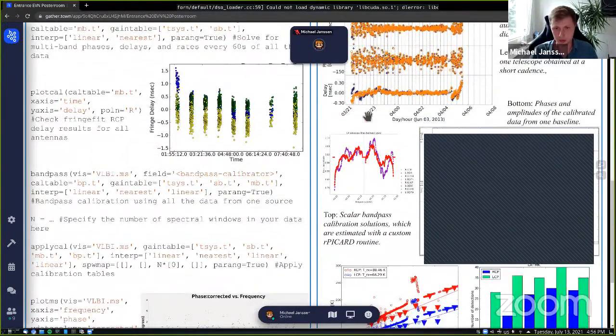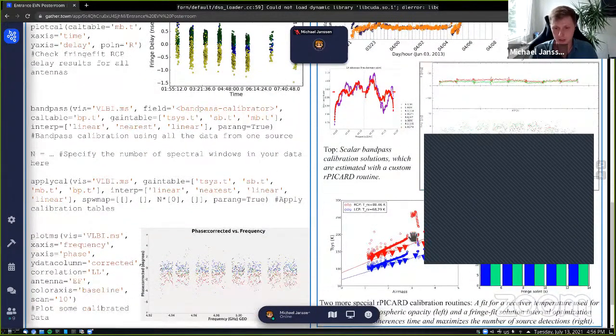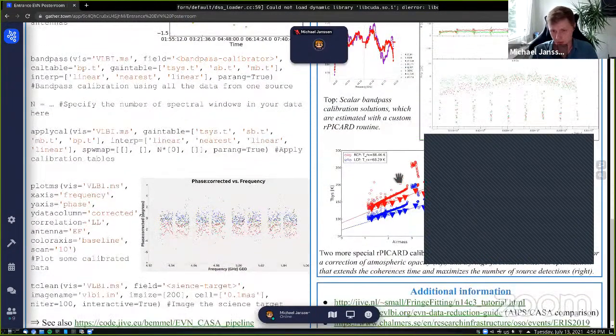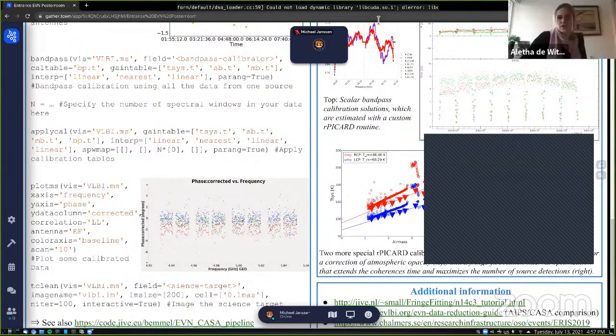So these are, for example, scalar bandpass, atmospheric correction for Earth atmospheric opacity from the troposphere, and tuning of an optimal fringe fit solution interval. That's all. Thank you.